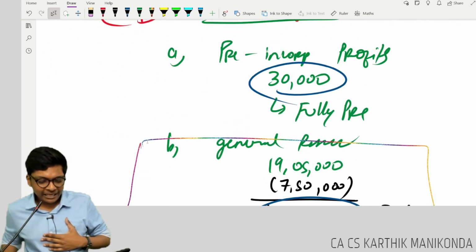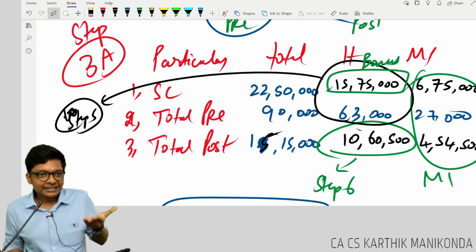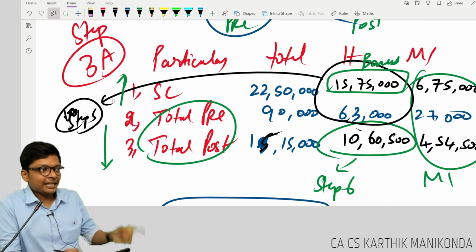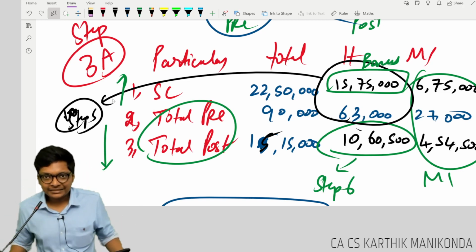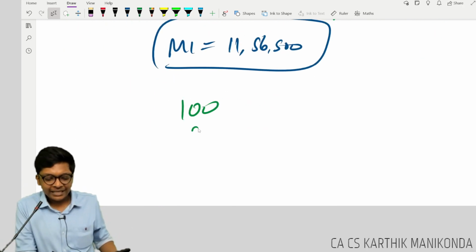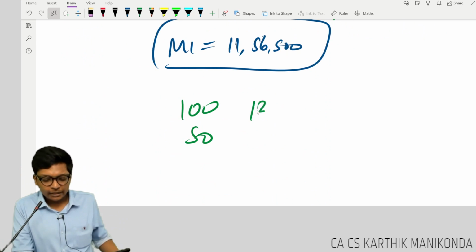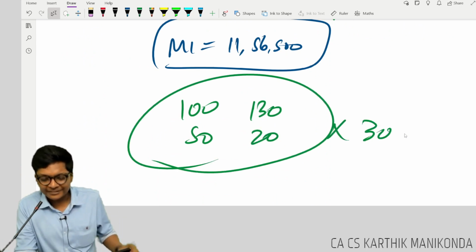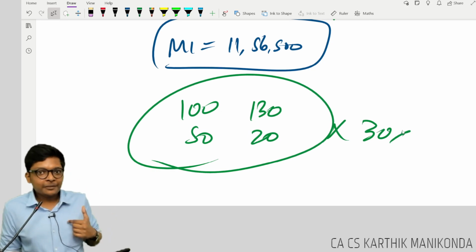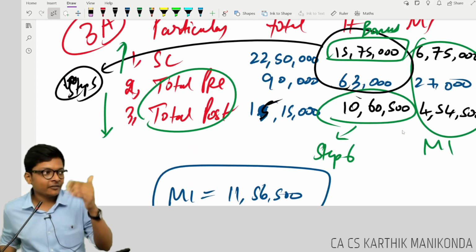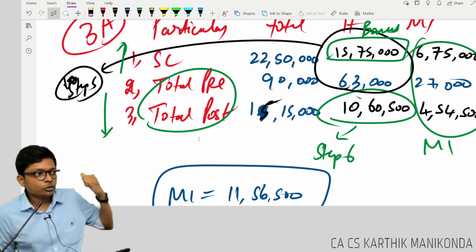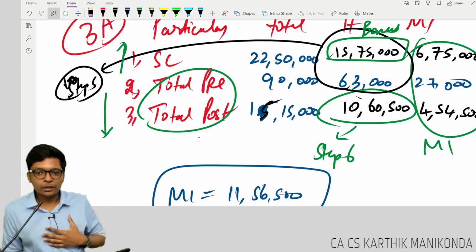In this table, reserves decreased and share capital increased. It's like instead of writing 100 share capital and 50 reserves, now I'm writing 130 and 20. My minority is basically this total into 30% of whatever ratio, correct? That means I don't have to do the minority working note before and after. It's going to be the same. To conclude that point, I wanted you to do it. Getting the logic of it, are you following, guys?